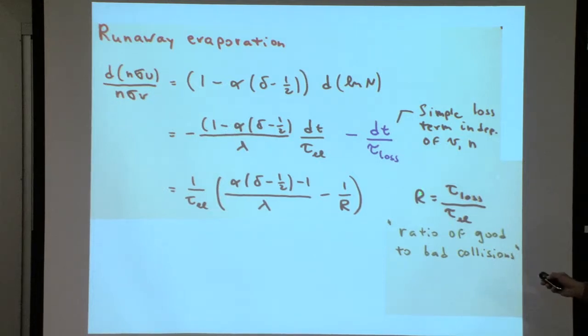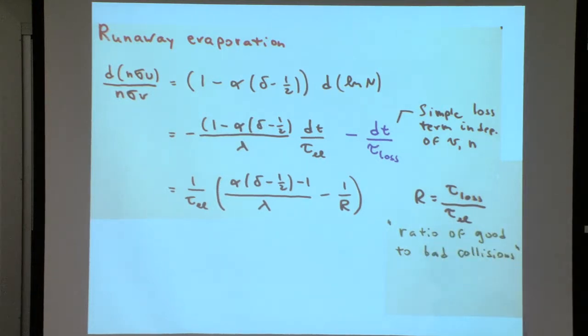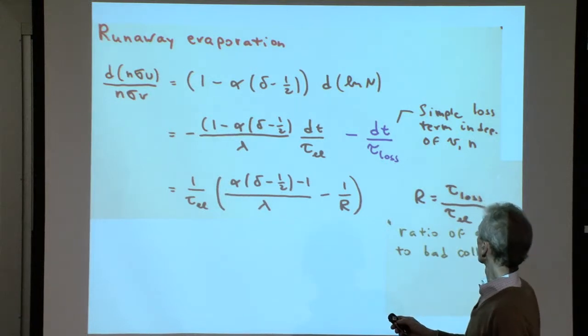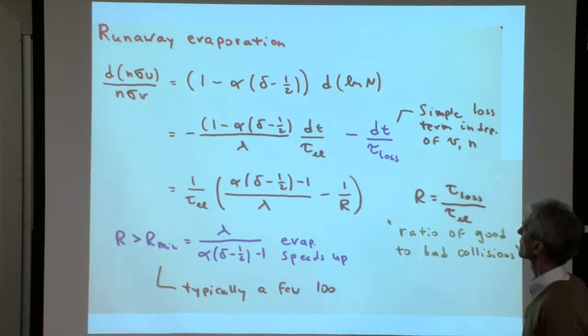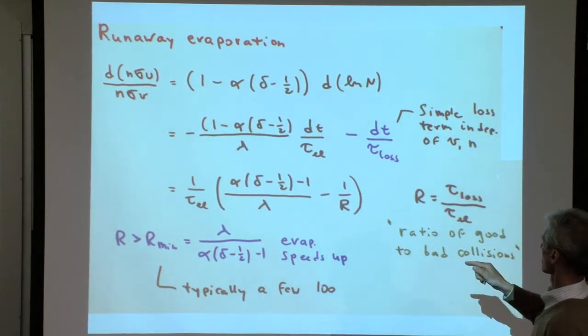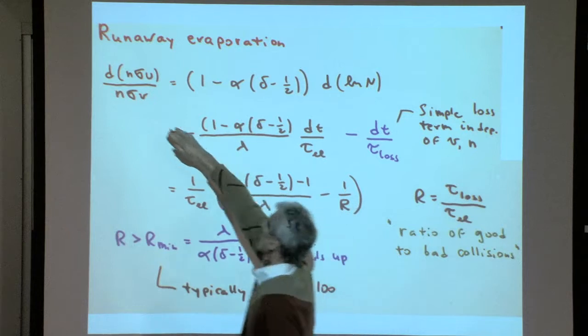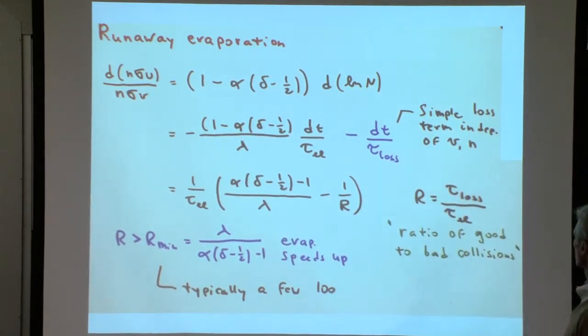So if I define this ratio of good to bad collisions, I have now this equation here which tells me how the collision rate changes with time.